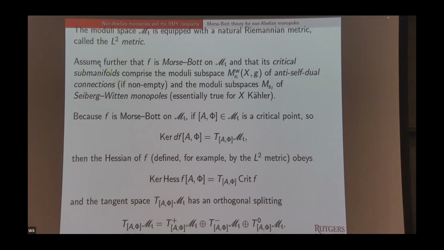So we can define a Hessian operator for our height function at the critical points, and then split the tangent spaces into three pieces: the tangent space to the critical submanifold, and then maximal positive and negative weight spaces, or spaces where the Hessian has positive eigenvalues or negative eigenvalues.